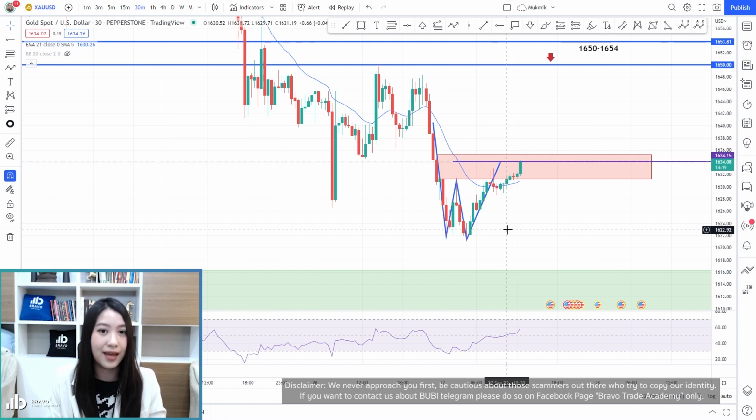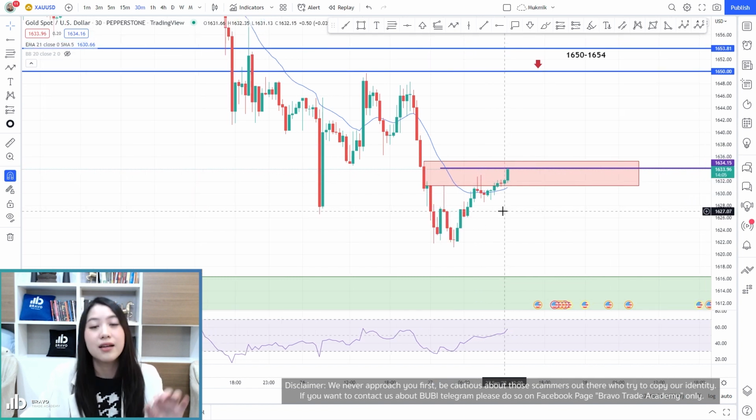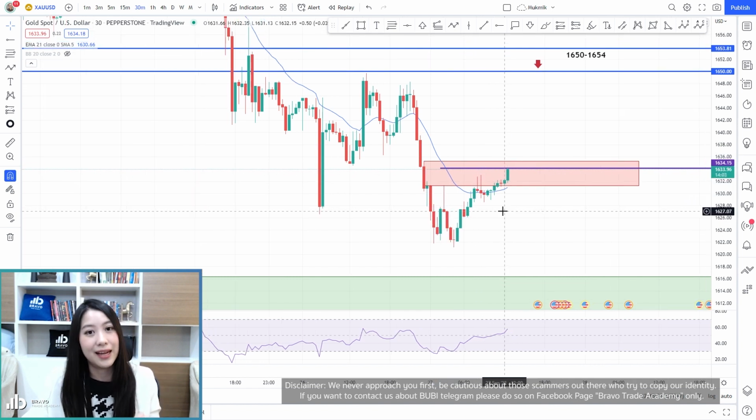For the buying side, you do need to be careful as well because that's going against the trend. Okay, so at the moment the market is very, very tricky to trade. You need to be careful on both sides. I hope that's clear. You need the confirming signals in any plan, whether it's the selling plan or the buying plan.